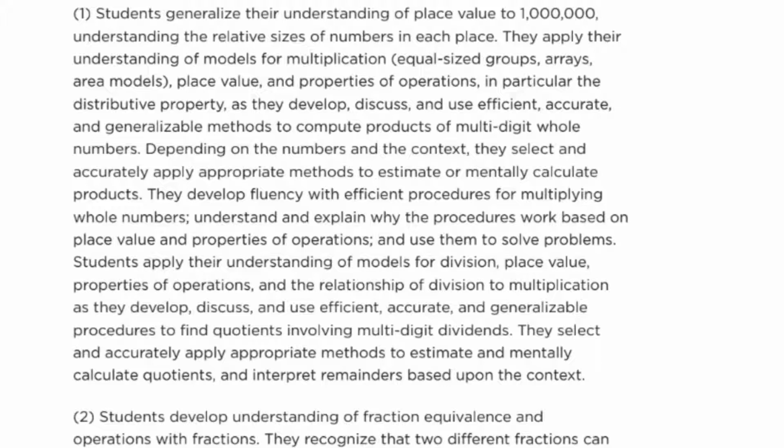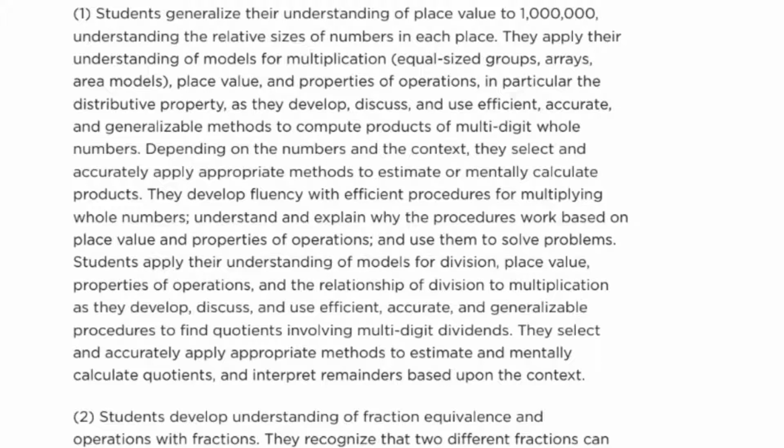In particular, the distributive property as they develop, discuss, and use efficient, accurate, and generalizable methods to compute products of multi-digit whole numbers. Okay, that's multiplication. Depending on the numbers and the context, they select and accurately apply appropriate methods to estimate or mentally calculate products. They develop fluency with efficient procedures for multiplying whole numbers, understand and explain why procedures work based on place value and properties of operations used to solve problems.